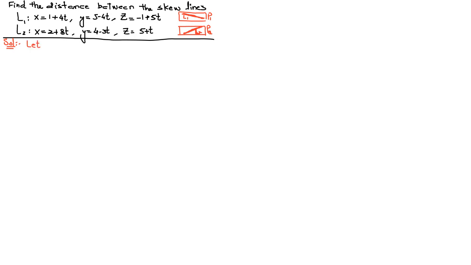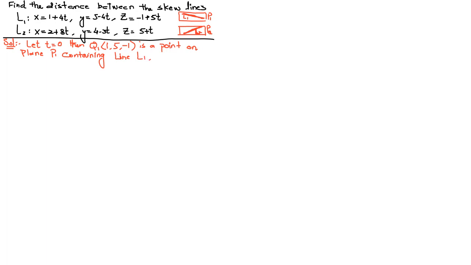For example, if I take t equal to 0 in line 1, then Q1 is the point we get: x is equal to 1, y is equal to 5 and z is equal to minus 1, a point on plane 1 containing line L1.